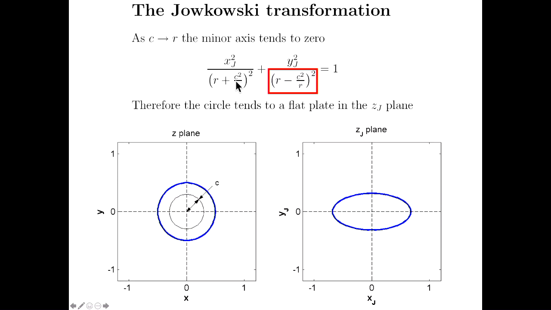Correct. So when my Joukowski circle c approaches r, my minor axis approaches 0, and my major axis is twice the length of the radius. And you can see I get a flat plate. My cylinder has now transformed into a flat plate.